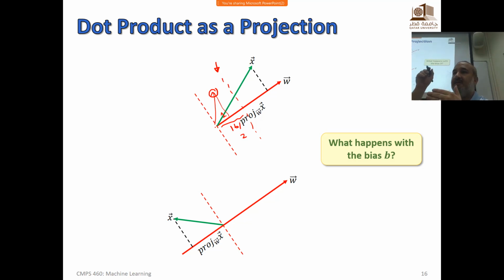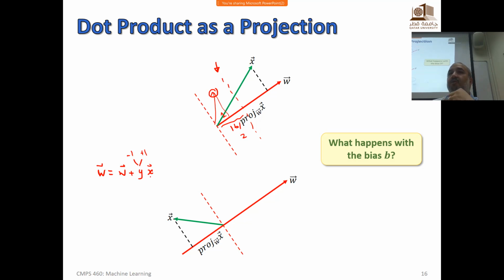We had something like this, right? W equals W plus YX, right? And Y is -1 or +1. Okay, and this is X. So we are either adding to the current model the vector X or subtracting it from the current model.